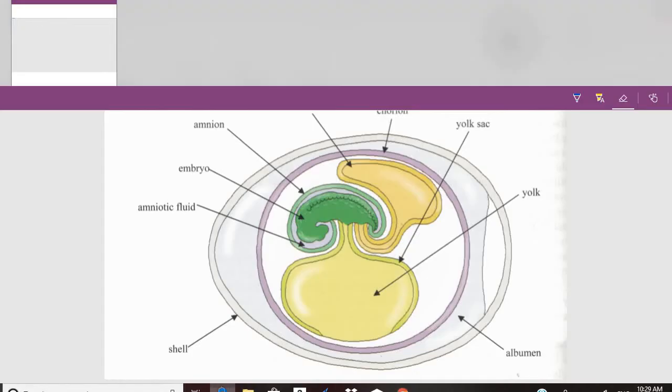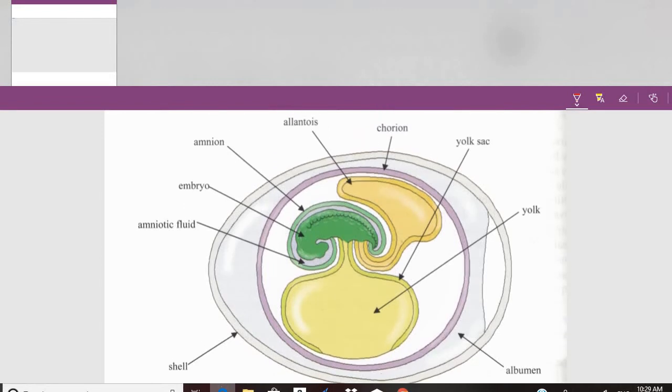So let's look at that picture again. We'll go back to red. Here is the allantois right here. This is the bundle of blood vessels, and you can see that it attaches directly to the embryo.